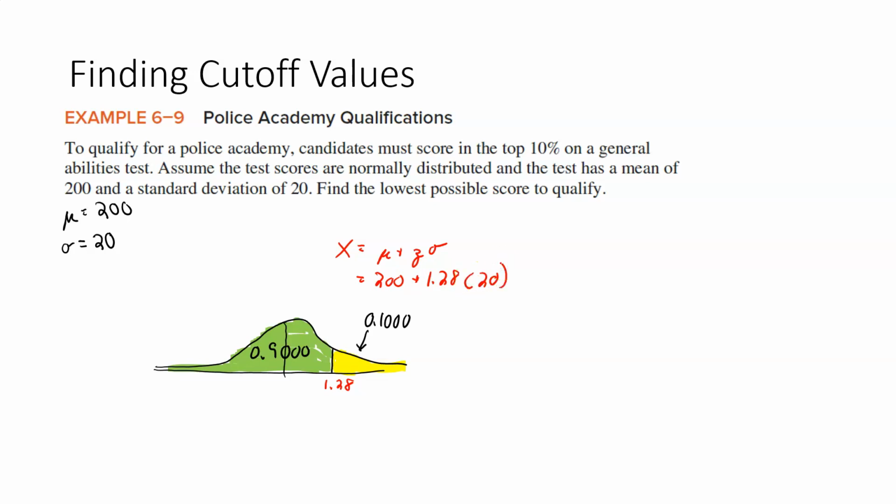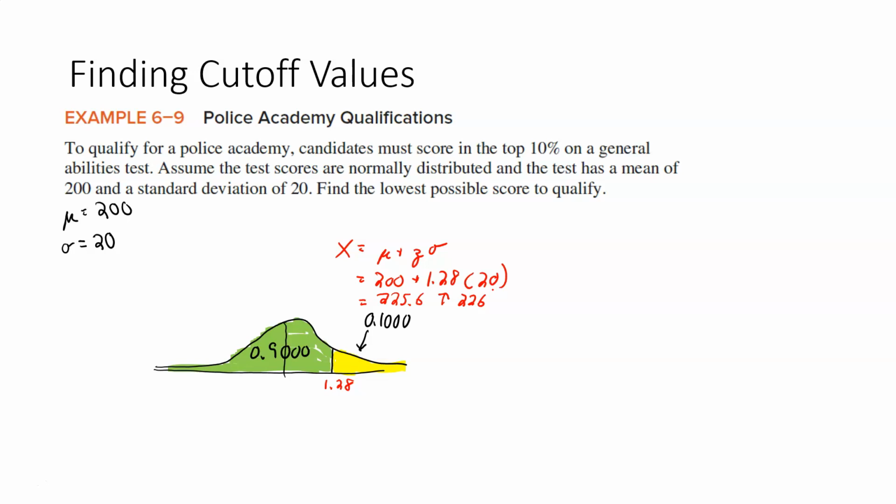Hammer that into a calculator. 1.28 times 20 plus 200, 225.6. Which we would then round up to 226.